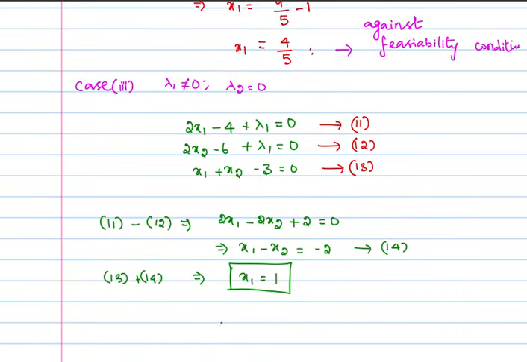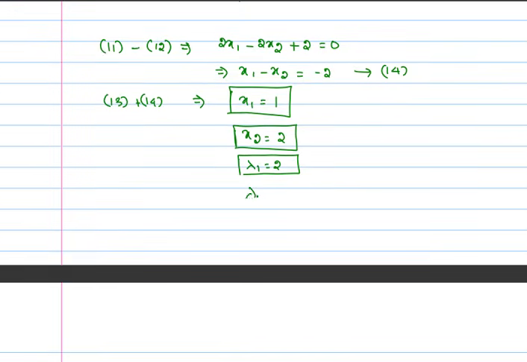So you apply x2 equal to 2. The lambda 1 value is 2 times x1 is 2 minus 2, lambda 1 equal to 2, and lambda 2 value, we assumed that already, it is 0.